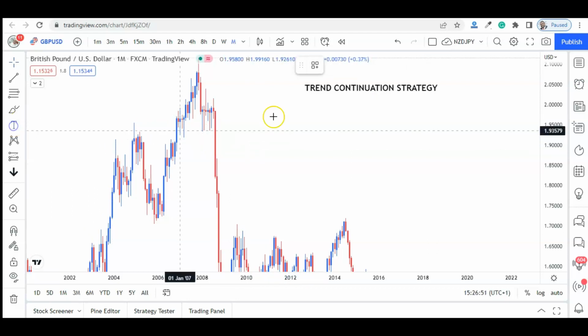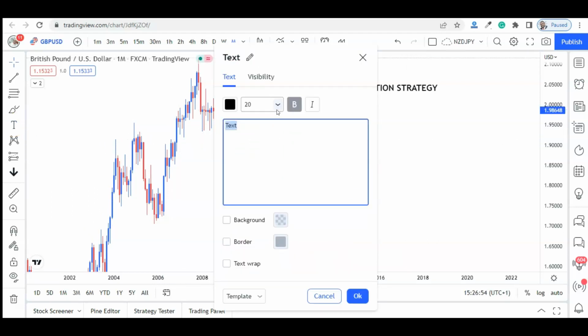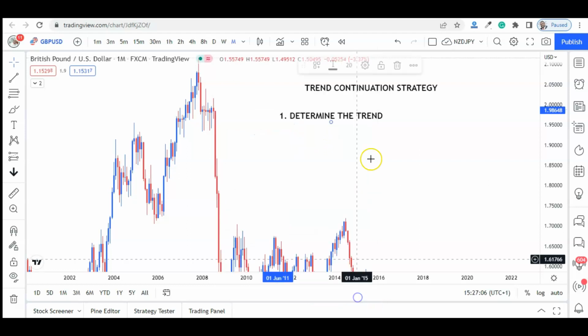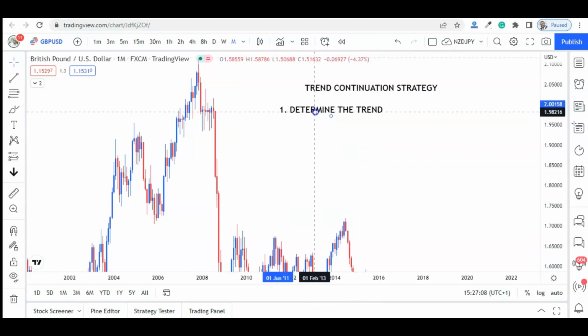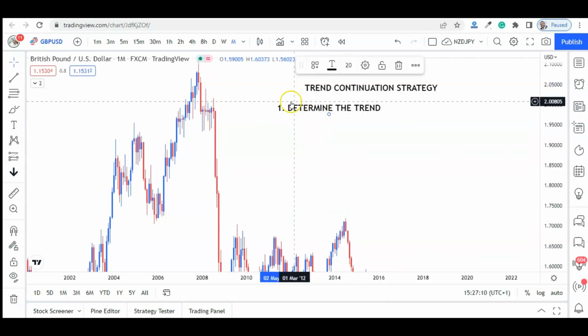The first one is to determine what the trend is. This is your first assignment as a trader, either weekly, daily, 4 hours, 1 hour, depending on your time frame.